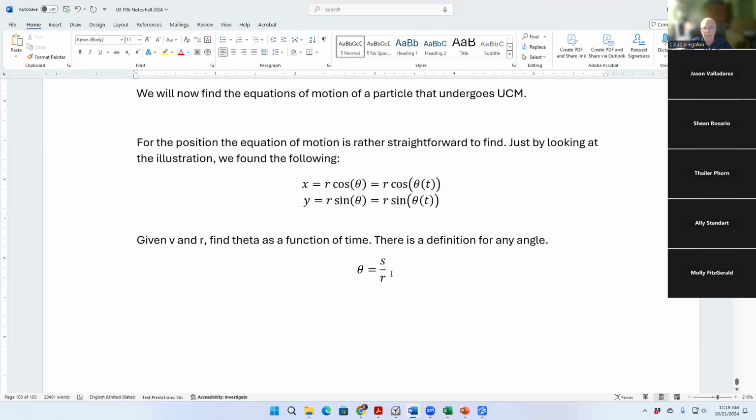If you apply that to the specific case of a full circle, note that S is going to be equal to 2 pi r. That's what S is for a full circle. And when we substitute this relationship in the angle for theta, what do we get?